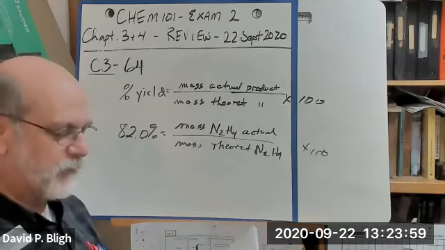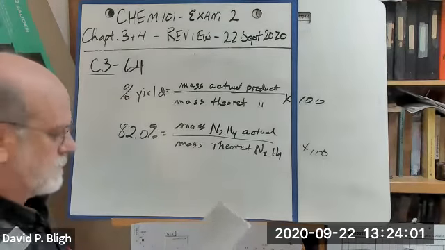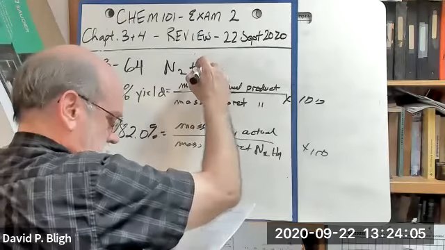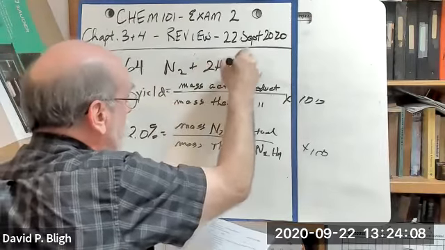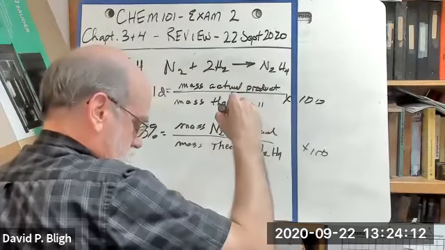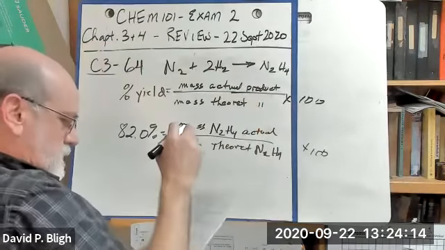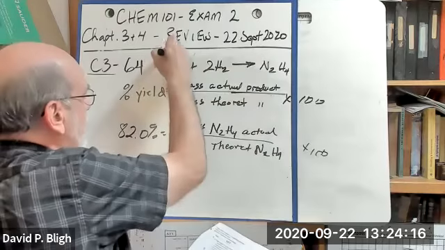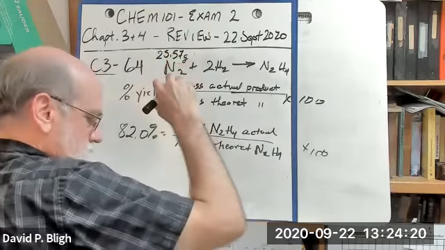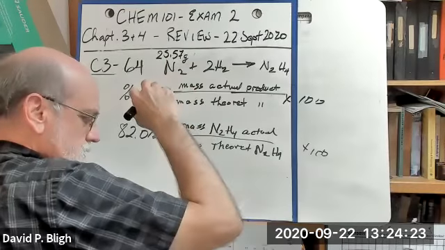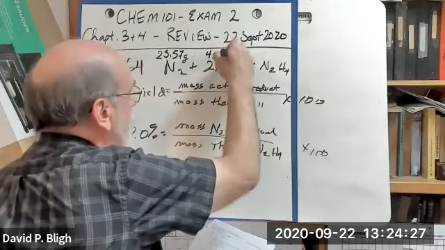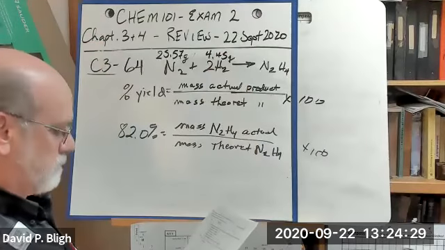Okay, 25.57 grams of nitrogen is reacted with 4.45 grams of hydrogen.